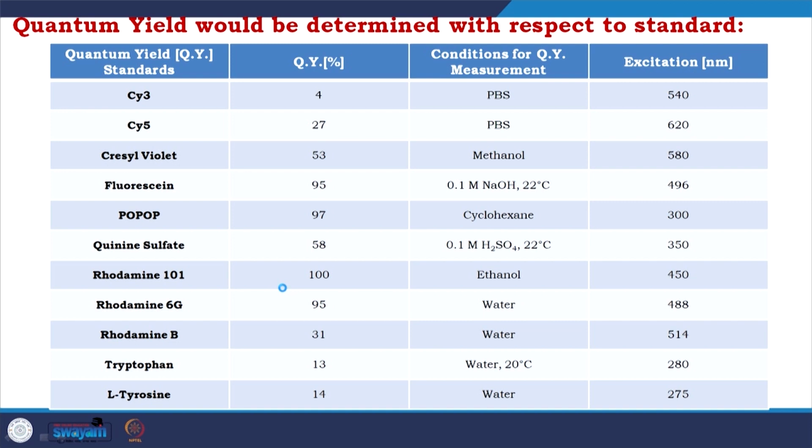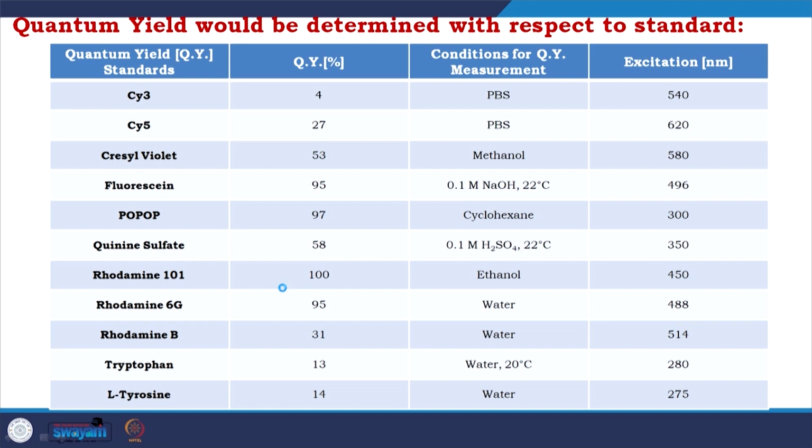POPOP 97, solvent cyclohexane. Quinine sulfate 58, 0.1 molar H2SO4 at 22 degree. Rhodamine 101, quantum yield 100 in ethanol. Rhodamine 6G 95 in water, rhodamine B 31 in water, tryptophan the amino acid 13 in water at 20 degree, L-tyrosine 14 in water. They also have their characteristic excitation.